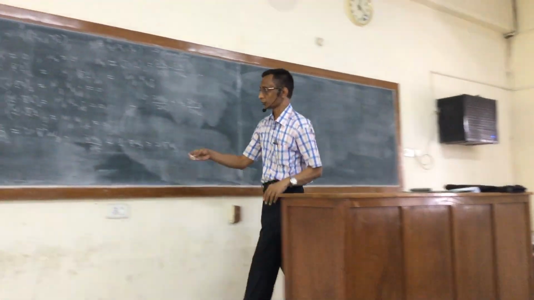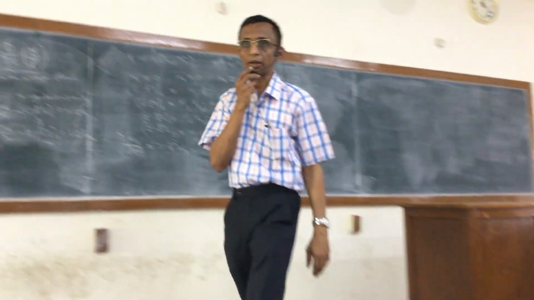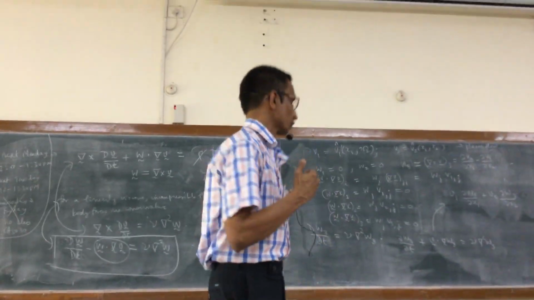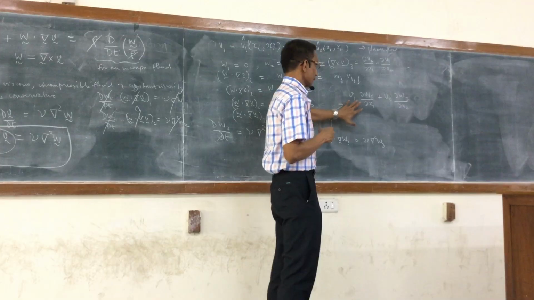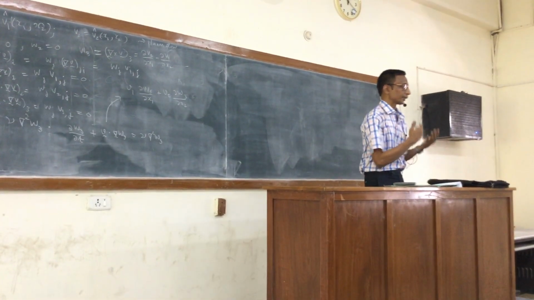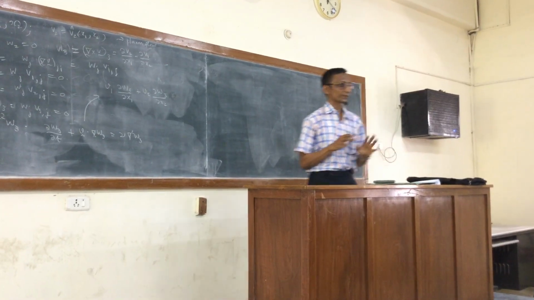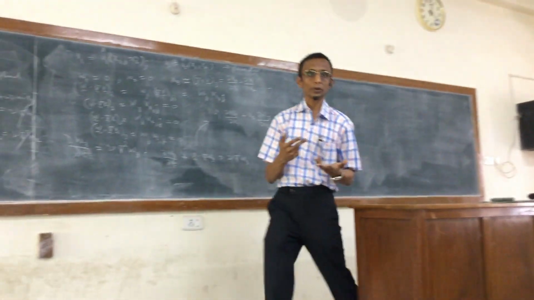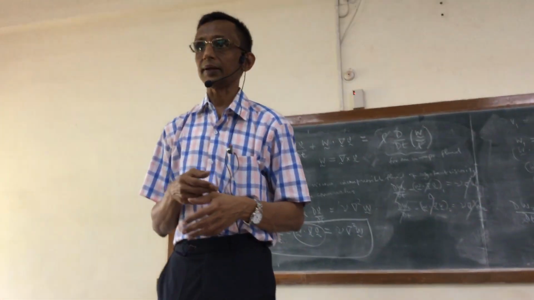Of course, for steady flow, this would be zero. But we are not yet restricting to steady flow. Now you notice that if we had been able to eliminate the velocities and get only the vorticity, that would have been really wonderful, because we would just have a scalar equation in the only component of the vorticity, and I could solve for the vorticity directly.